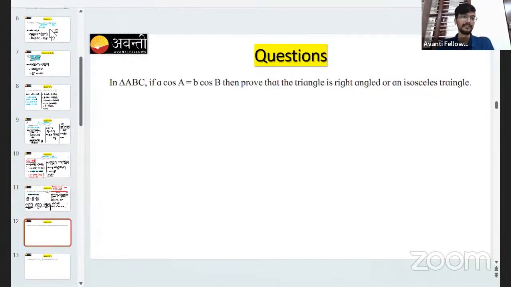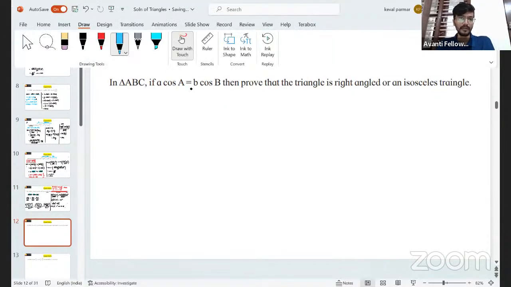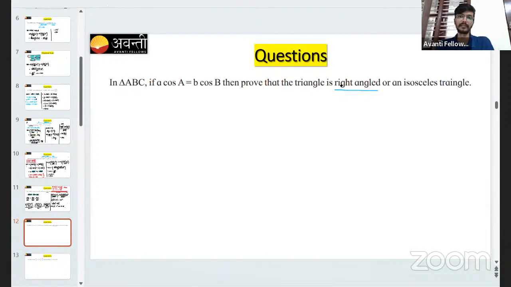Here it is similar. A cos A equal to B cos B. Prove that the triangle is right angle. What does right angle triangle mean? One of the angles is 90 degrees. And what does isosceles triangle mean? Two angles are equal. Now let me tell you one interesting thing.